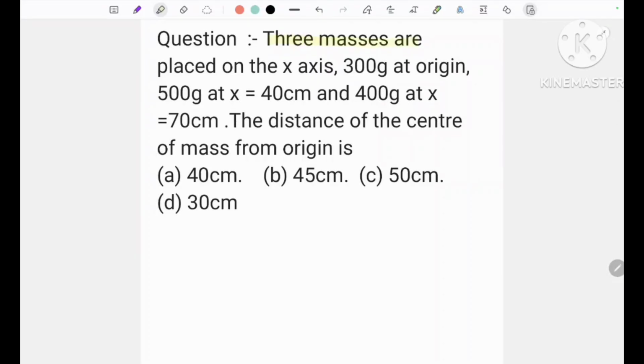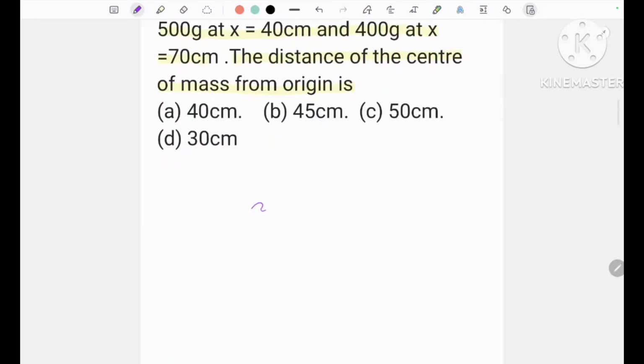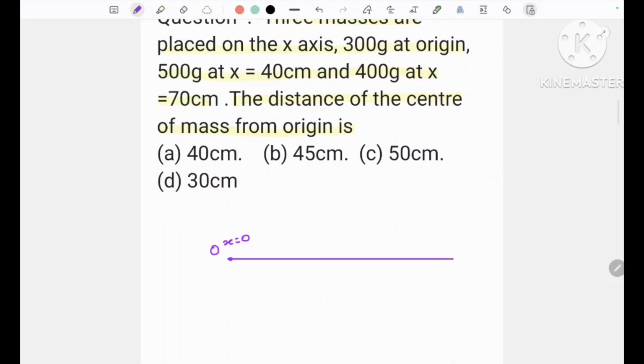Next, three masses are placed on the x-axis: 300 gram at origin, 500 gram at x of 40 centimeter, and 400 gram at x equal to 70 centimeter. The distance of center of mass from the origin is. This is the origin, where x is 0 and mass m1 is 300 gram.